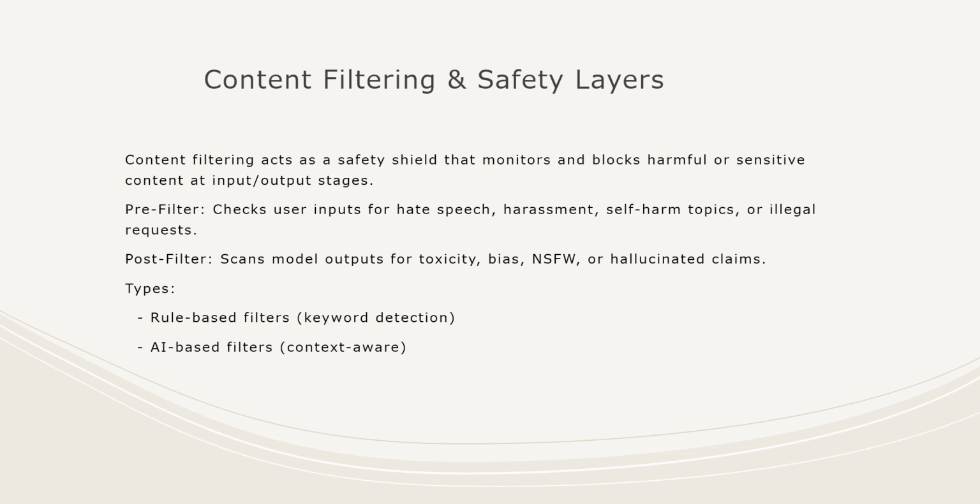Pre-filters check user inputs for hate speech, harassment, self-harm topics, or illegal requests, and post-filters scan the model outputs for toxicity, bias, NSFW content, or hallucinated claims. By type, there are rule-based filters and AI-based filters. Rule-based filters use keyword detection. AI-based filters are context aware.